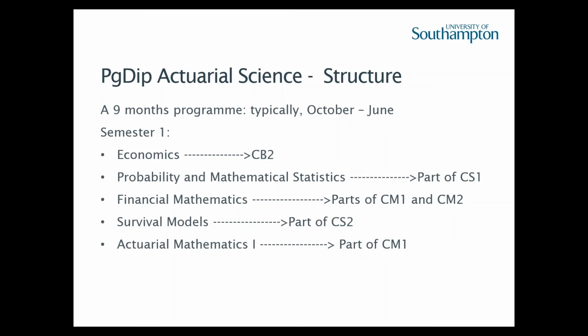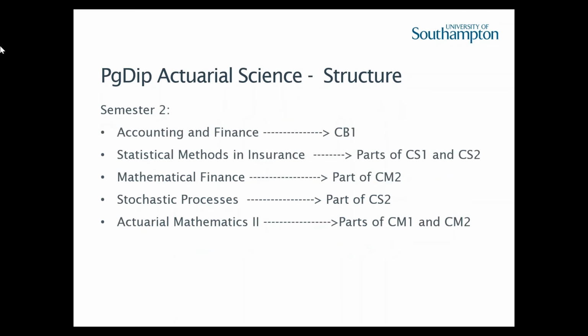We have an economics module, for example, which maps to the CB2 exemption; probability and mathematical sciences maps to part of CS1; financial maths maps to parts of CM1 and CM2; survival models maps to part of CS2; and actuarial maths 1 maps to part of CM1.